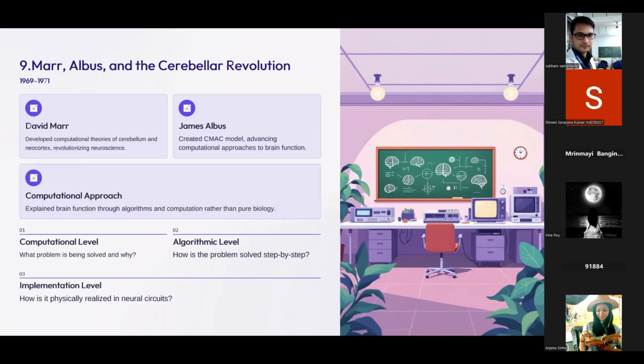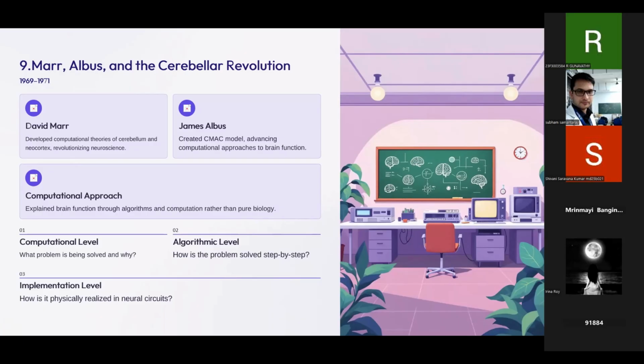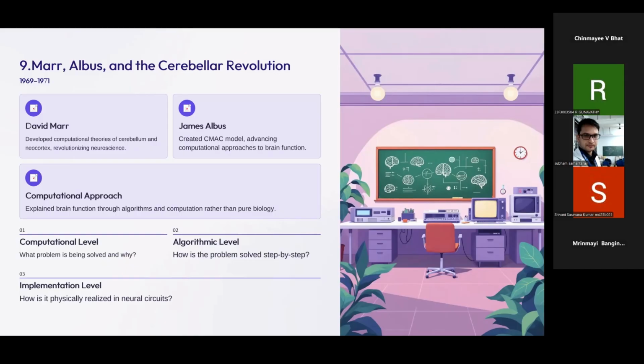The retina does some initial processing, then the thalamus does some contrast enhancement, and the primary visual cortex extracts outlines, etc. My objective is to recognize that it's a mango, and the steps are first some noise cleaning, then some contrast enhancement, then edge detection, etc. So I can define some steps. Then the next question is which step is done by which part of the brain? That is implementation.